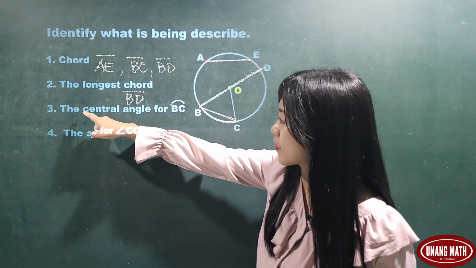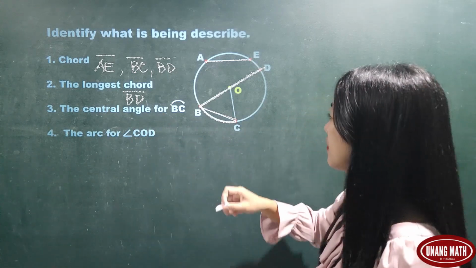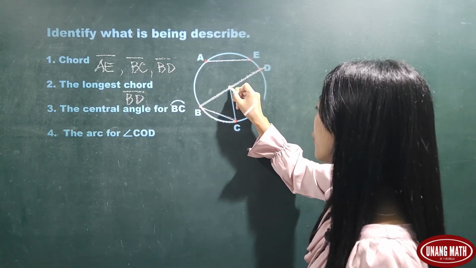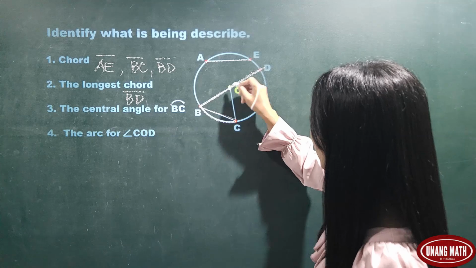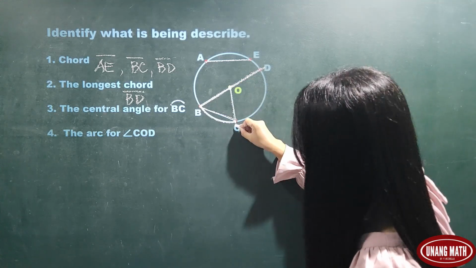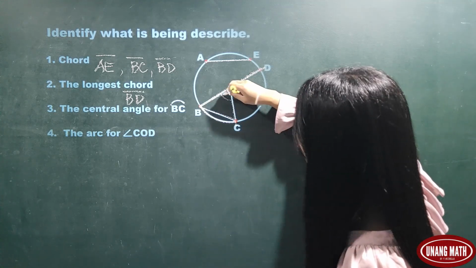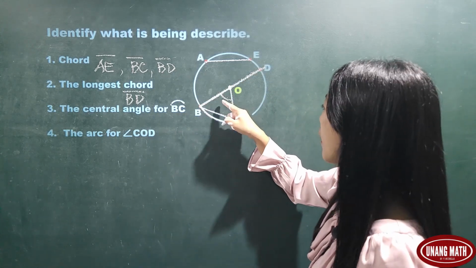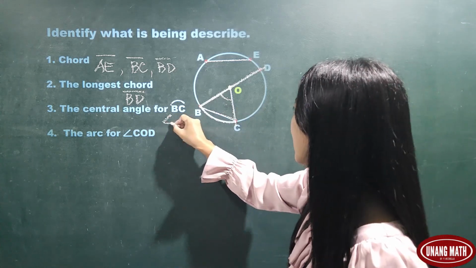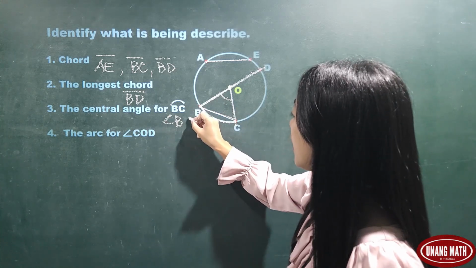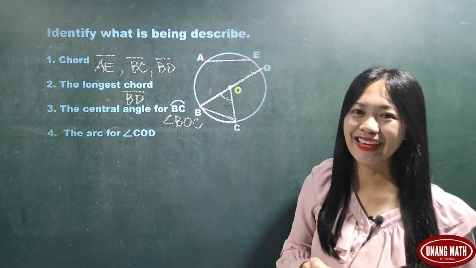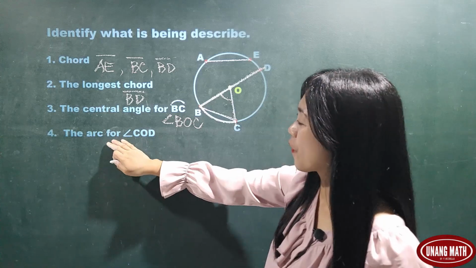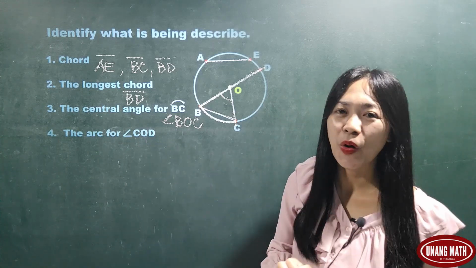Since it's asking for the central angle for arc BC, draw a line from the center of the circle to B, draw a line from the center of the circle to C, and this angle is the central angle for arc BC. Okay, we will name this angle as angle BOC. Okay, and number 4 is the arc for angle COD.